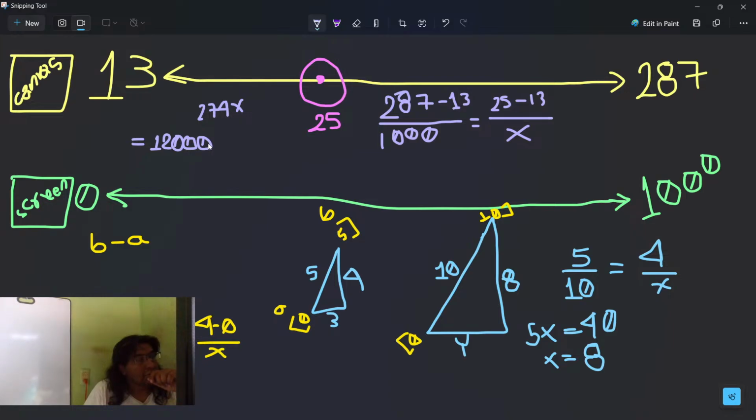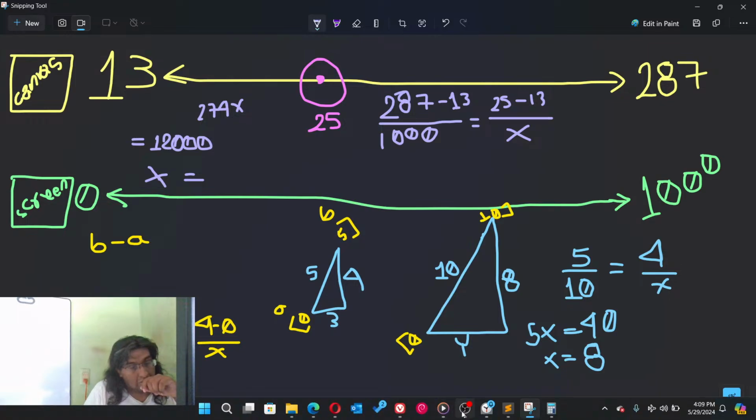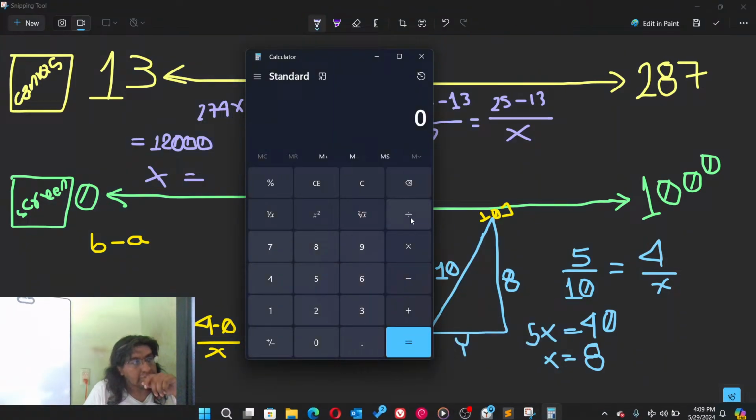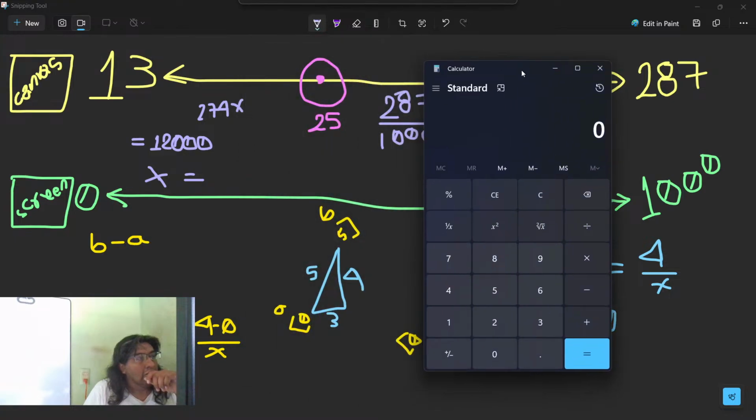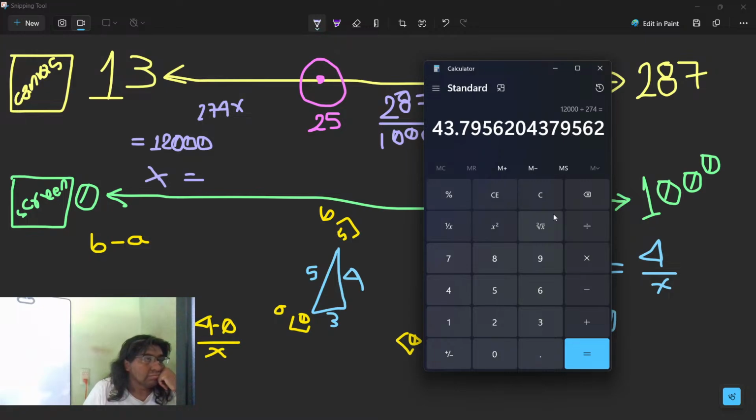Just this divided like this. Forty-three, 43.79.